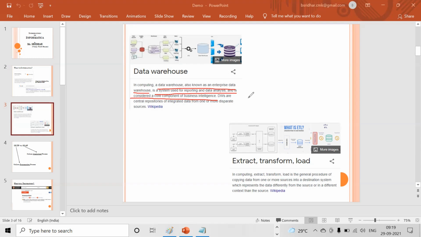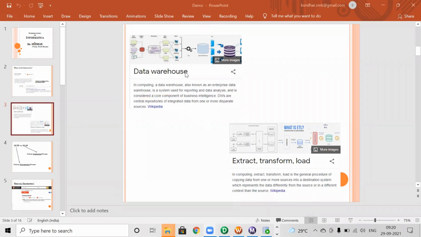Every company has to understand what is happening and they have to plan for the future. So the data warehouse is going to help business management understand what is happening in the business and also give a direction for the future, right? So that's what a data warehouse is. We'll see more about the data warehouse later.